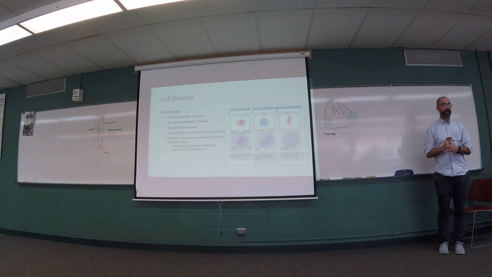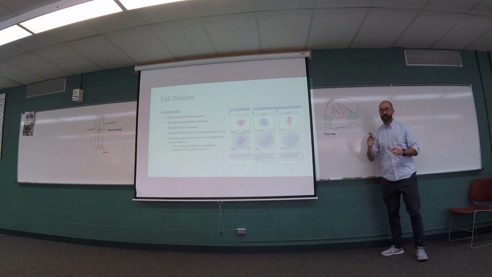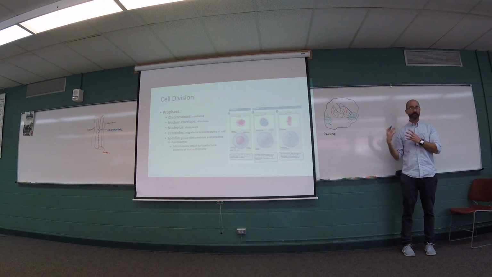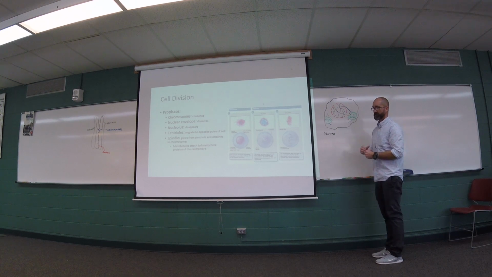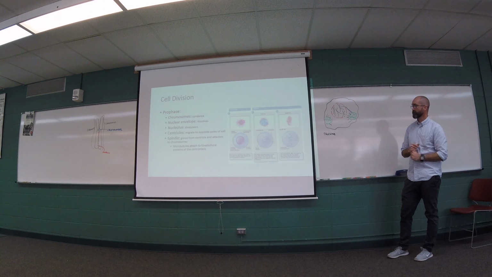It's called a kinetochore protein. And what you're going to get is microtubules from each centriole growing to each chromosome. And I'll show you that better in the next diagram. But this is prophase.